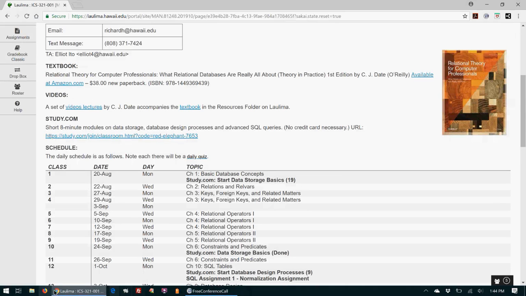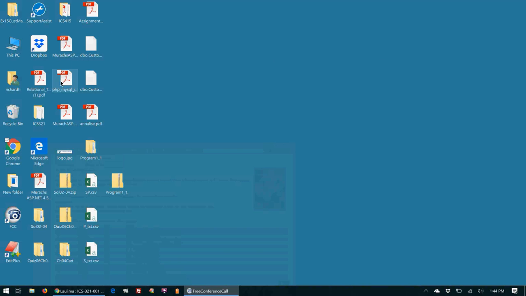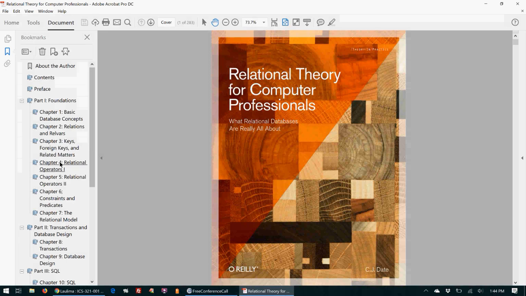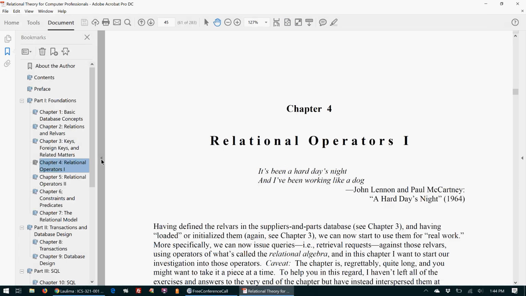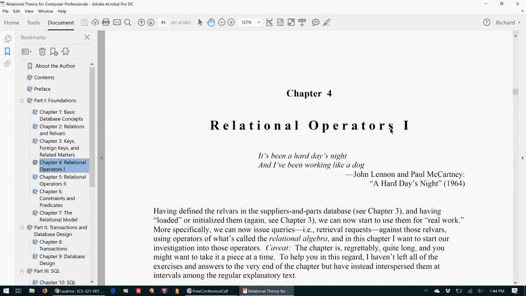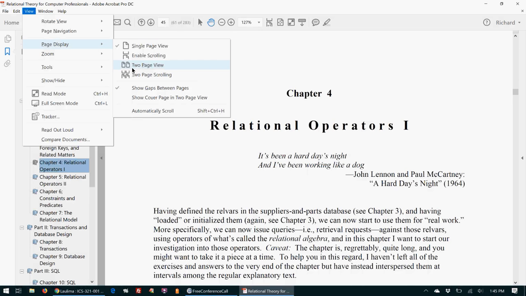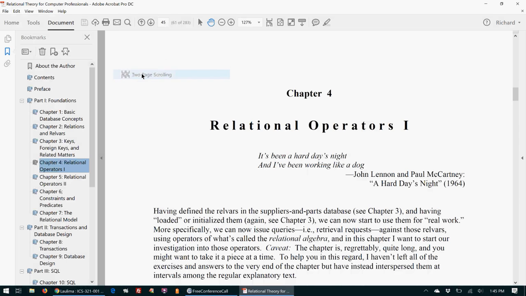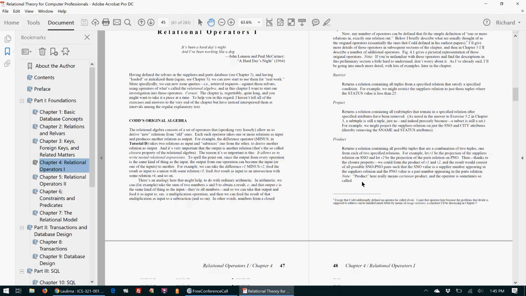And so let's see what that section is. It must be the sections. Let me see. Chapter 4. Let me view 2-page scrolling.